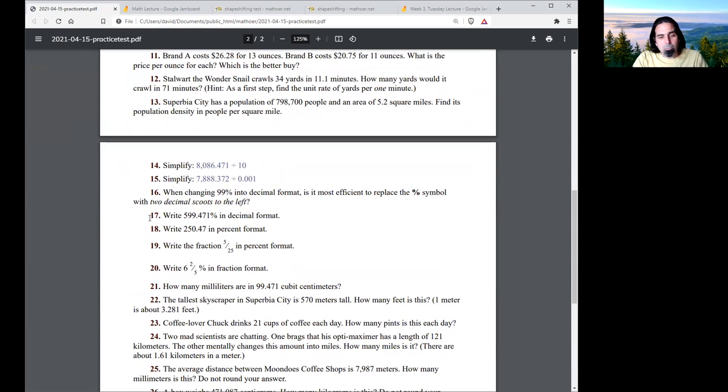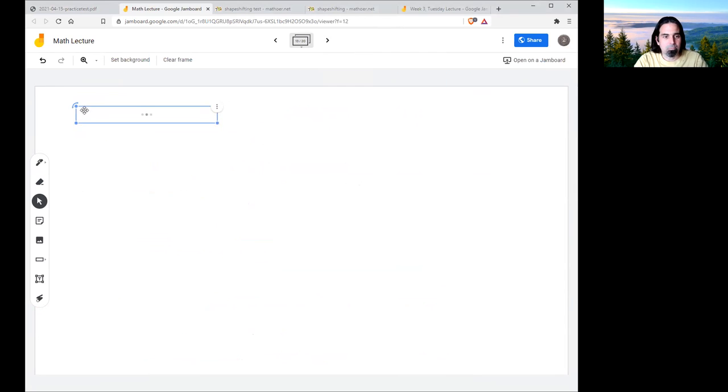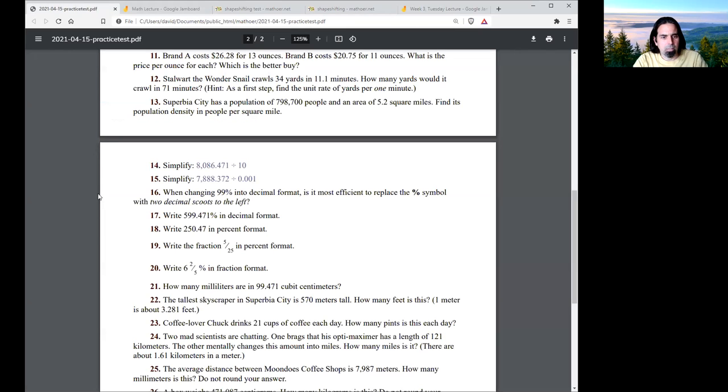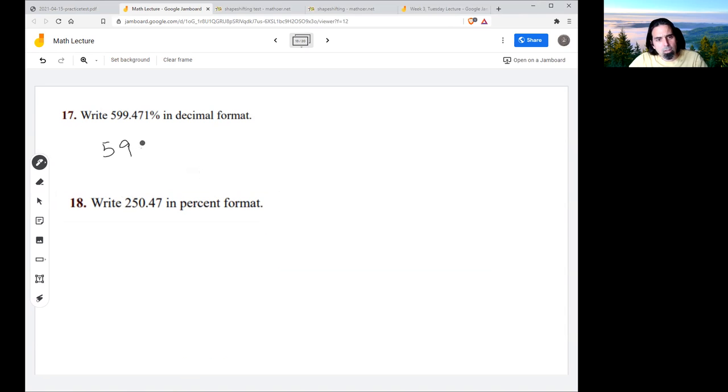Okay, 16 I'm going to skip over. 17. And 18. So we had 599.471, and it was a percent, and I wanted to replace that percent with something else.